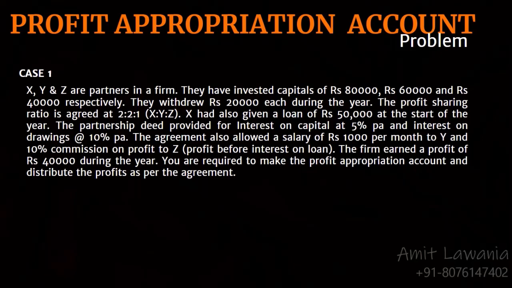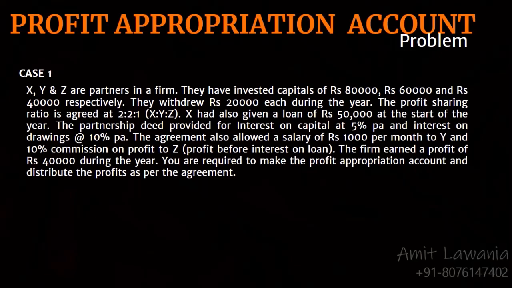The profit sharing ratio is agreed at 2:2:1 for X, Y and Z. X had also given a loan of 50,000 at the start of the year. The partnership deed provided for interest on capital at 5% per annum and interest on drawings at 10% per annum. The agreement also allowed a salary of rupees 1,000 per month to Y and 10% commission on profit to Z.